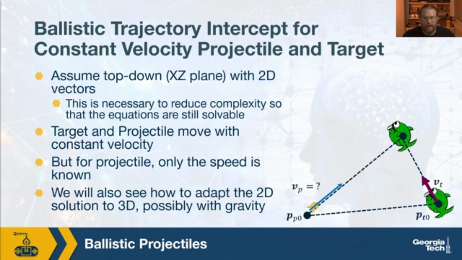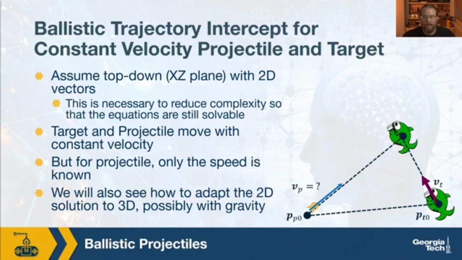We're going to have to simplify the problem in order to get this to work. We're going to have to go to 2D, and if we are to apply this to a 3D scenario, we'll have to project it all down onto the XZ plane. So we'll have 2D vectors for positions and velocities of both the projectile launch position and the target's initial position. Also, the target and the projectile are going to move with constant velocity.